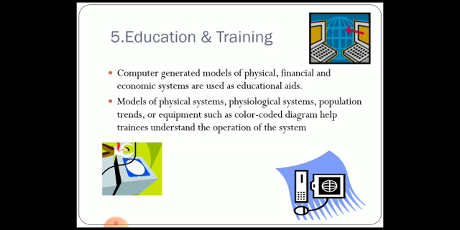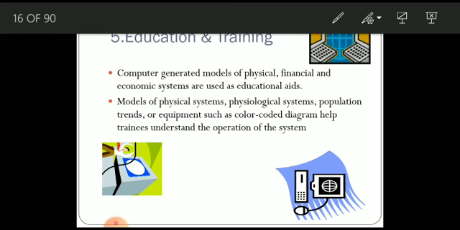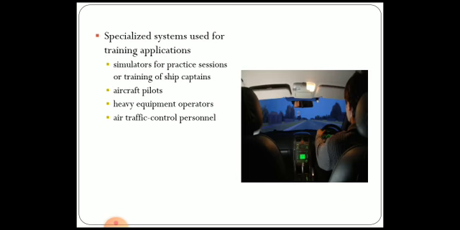Models of physical systems, physiological systems, population trends, or equipment, and color-coded diagrams help trainees understand the operation of the system. This is how graphics can help you in delivering effective education to students.